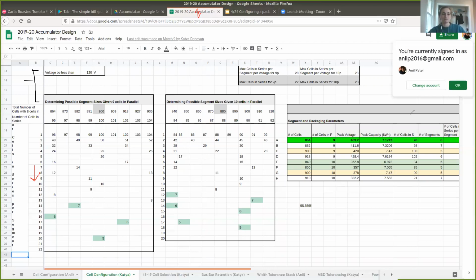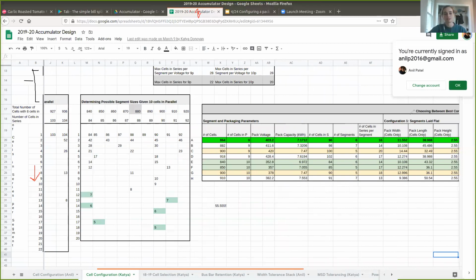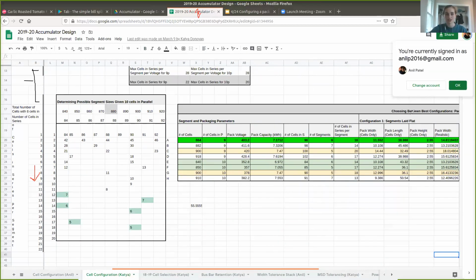The cells in green are basically the most viable segments to look at because it's a smaller amount of segments. That just means that you need less material to build those segments and it will be easier to manage. You want fewer segments because with more segments, that's just increasing the number of connections between each of the segments and the number of barriers in your enclosure.